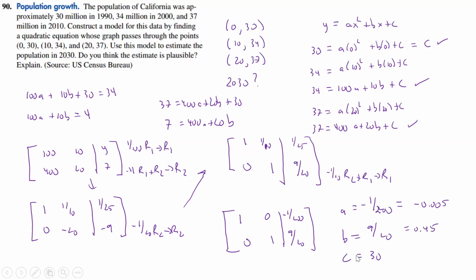All right, so what we now need to do is plug that back into this formula, and we're looking for 2030. So y is equal to minus 0.005 times x squared plus 0.45 times x plus our 30. And in 2030, x is equal to 40.